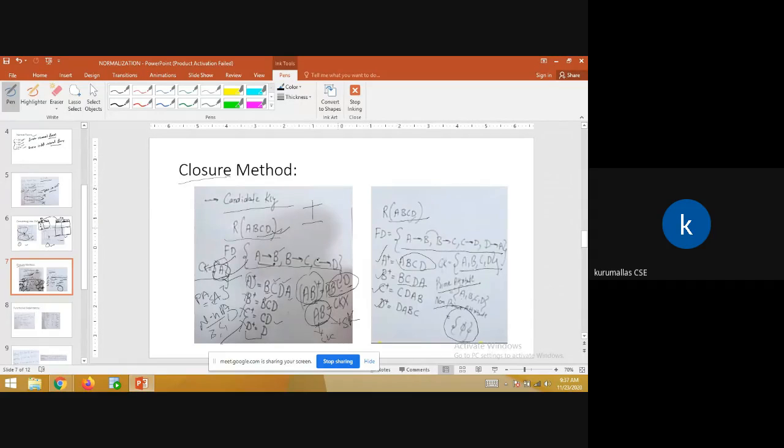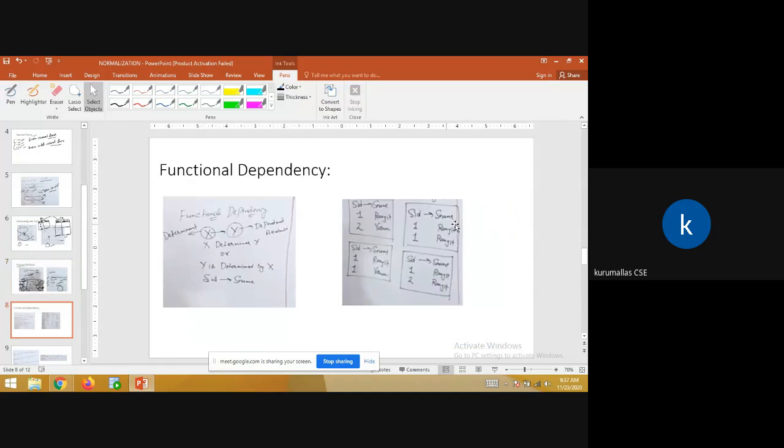This is about the closure method for different types of tables. So next, functional dependency. This is also very important for your exams. A functional dependency can be represented by using FD, functional dependencies. What is a functional dependency?